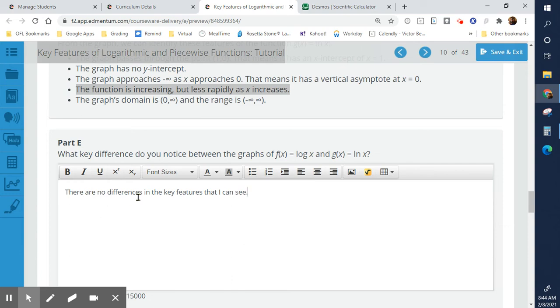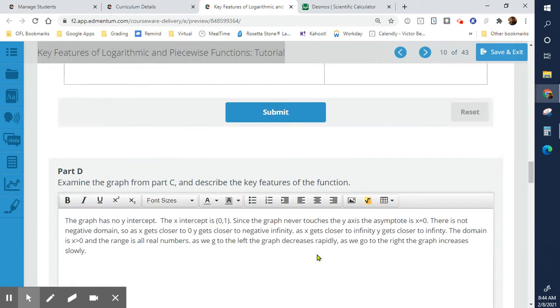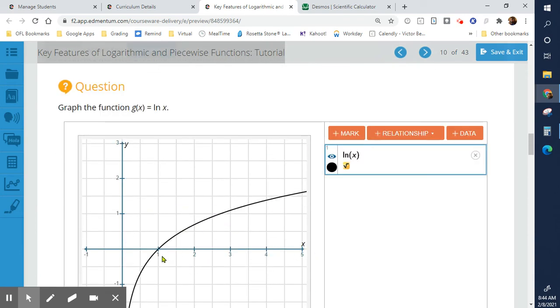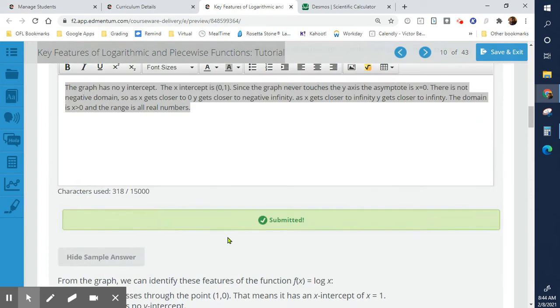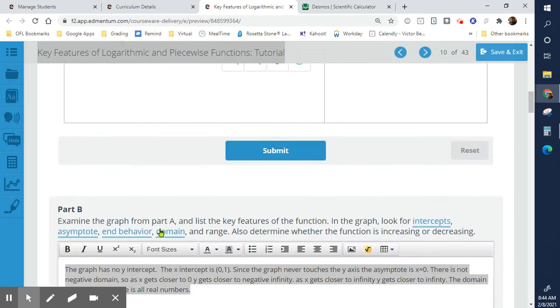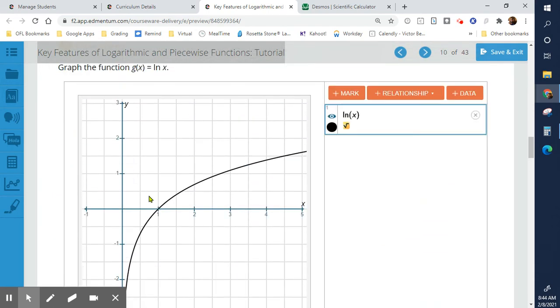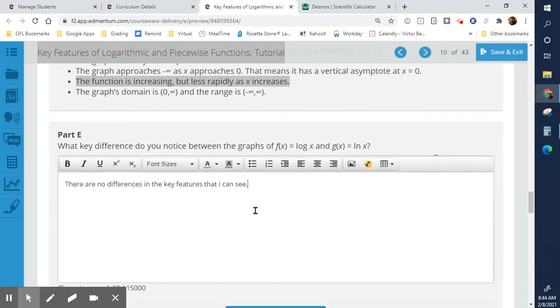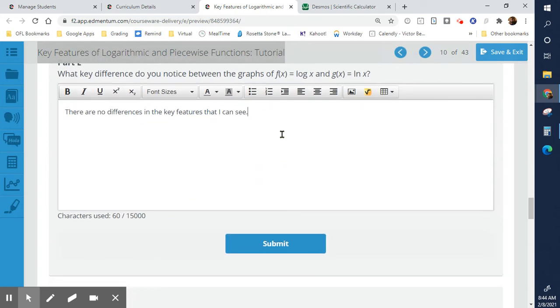You'll see why I'm saying that I can see, because it grows at a different rate. You can see here that it is growing faster than it. Because if you look at the y's, this is increasing faster, but the basic key features are the same.